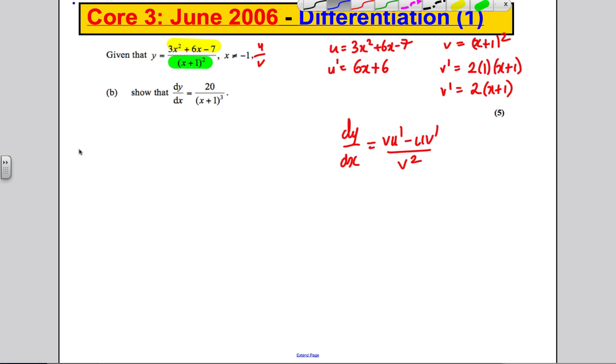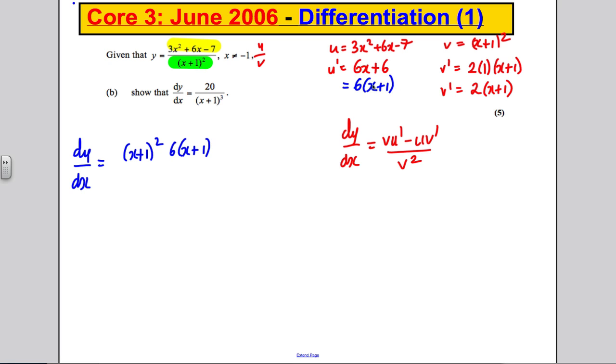Now substitute. Dy by dx is vu dash, so x plus 1 squared times u dash, which is 6x plus 6, which I'm going to write as 6 factorised out like that, so I'm going to write it as 6 times x plus 1, 6 times x plus 1.